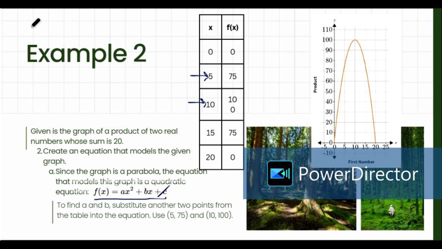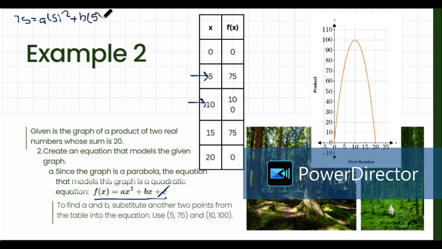So our first equation is f of x, in this case 75, is equal to a times x squared, so a times 5 squared plus b times 5.